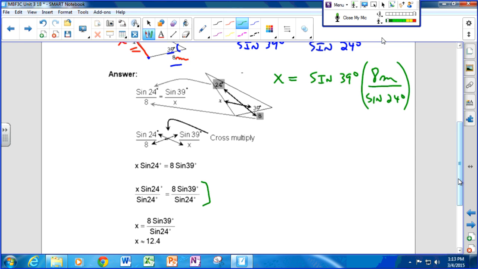I know it doesn't look like it, but just to show you why they're able to show it this way down here, that's basically sine 39 degrees over 1, right? That's what that really means. And so if we wanted to simplify that, we'd have 8 times sine 39 degrees, and then 1 times sine 24 degrees.